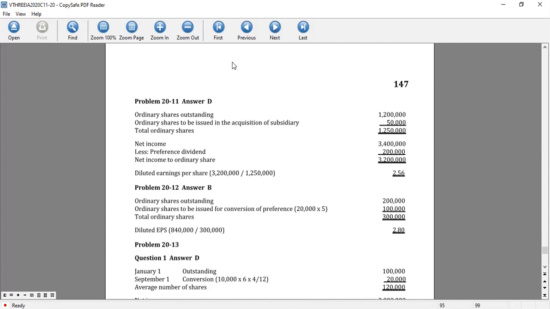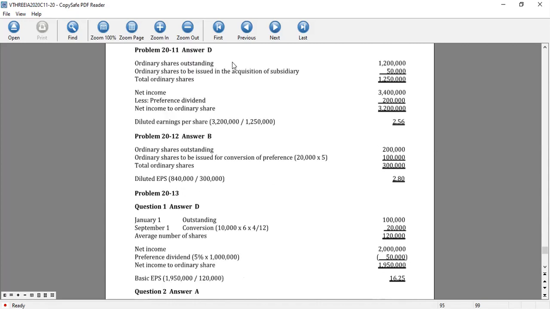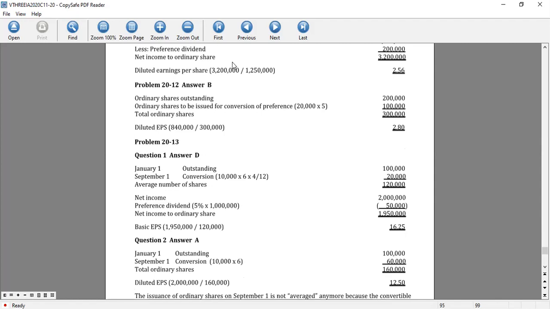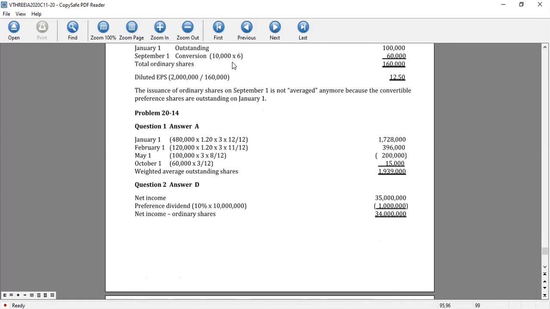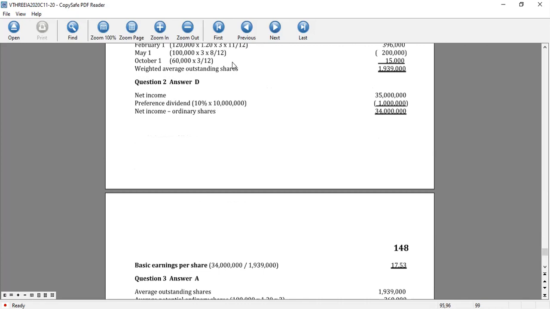So in 20-13, questions 1 and 2. Then in 20-14, questions 1 and 2.